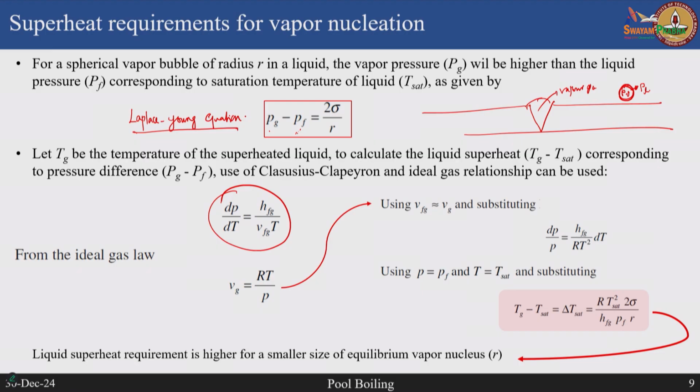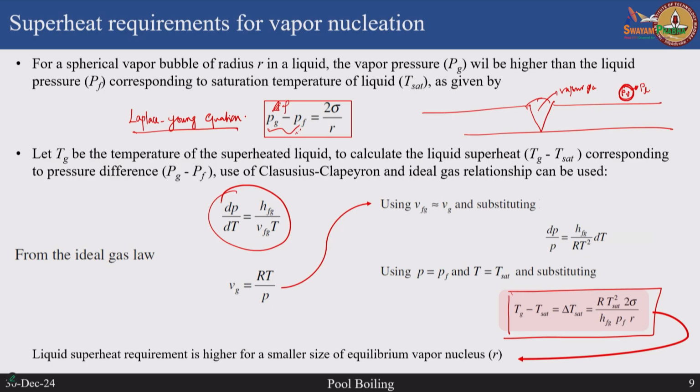So, once you put the Clausius-Clapeyron, this is your delta P that you want to maintain between a bubble and the surrounding, and then you can get the expression for the corresponding temperature difference, because the Laplace-Young equation is only a mechanical equilibrium or a force balance. So, you cannot inherently know the temperature difference from that.